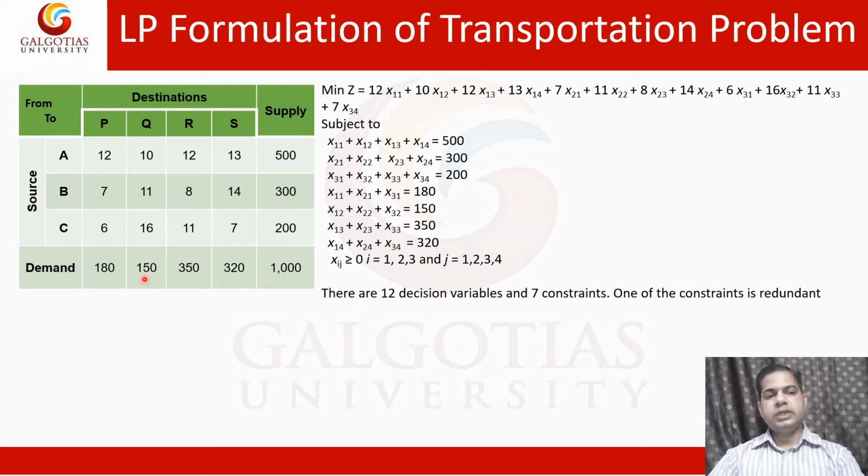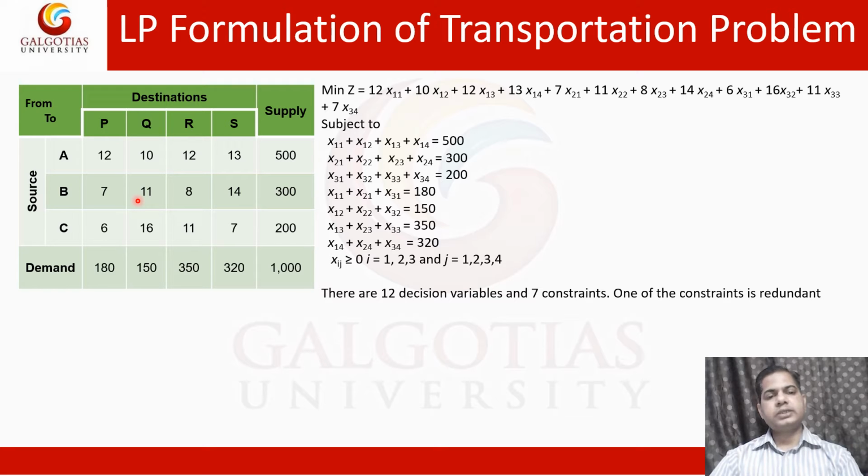Now, since these are all numbers of units x11, x12, x13, I cannot transport any negative units. So all xij should be greater than or equal to 0. That means all the decision variables should be greater than or equal to 0. Now remember one thing over here: the order of the matrix is 3 by 4, so 3 plus 4, that is 7, will be the constraints, and 3 into 4 will be the number of variables.